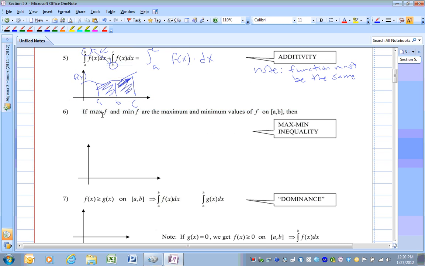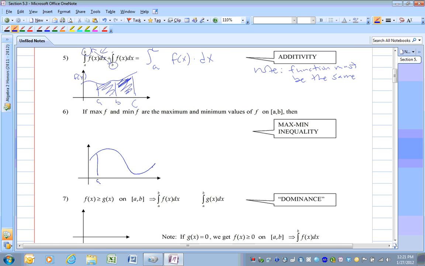Okay, this one is a little bit strange. Let me draw a diagram for you guys here. So let's say we have a function that looks like this. And let's say A comes down here.